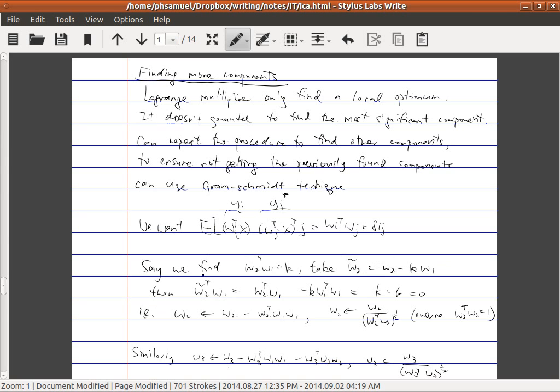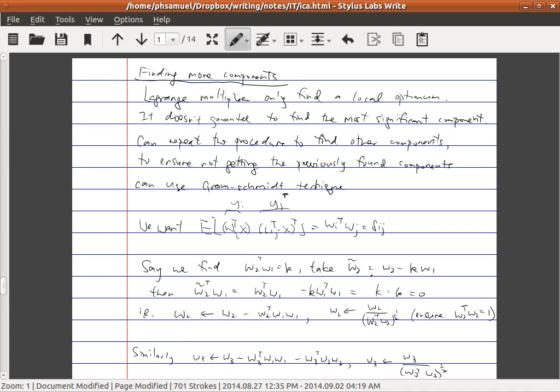Then you can easily verify that this new w2 tilde will satisfy w2 tilde transpose w1 equal to 0. So that's what we want. Therefore we can simply update w2. Instead of having w2 as the candidate component, we change it to w2 minus w2 transpose w1 times w1. When we pick this, it will be orthogonal to w1. And of course we want to make sure that w1 is normalized and w2 is normalized, so we have this normalization step also.